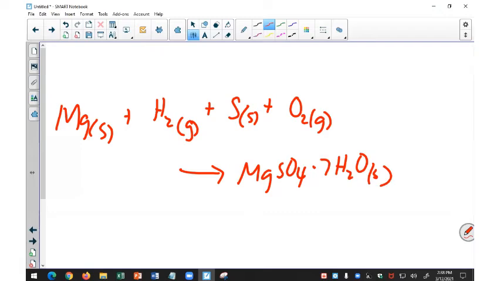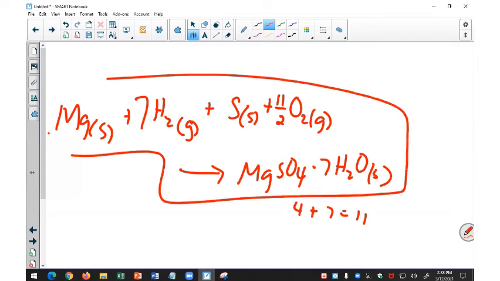So your hydrogen, you get 14, so that's 7 right there. Sulfur, you have 1. How many oxygens do you have? 4 plus 7, that's 11. So that's 11 over 2 oxygens. So this is the delta H formation of magnesium sulfate heptahydrate. Okay, so now we have that.